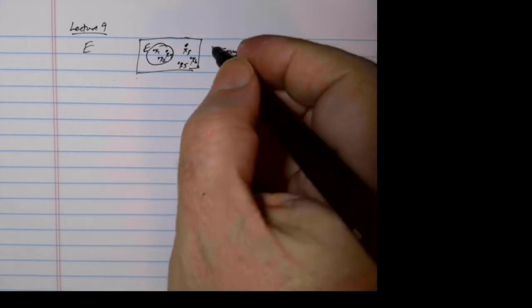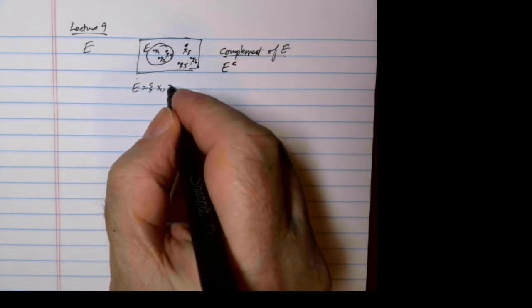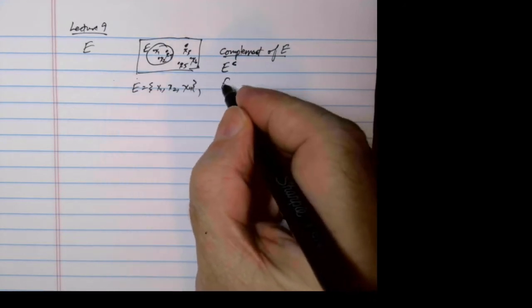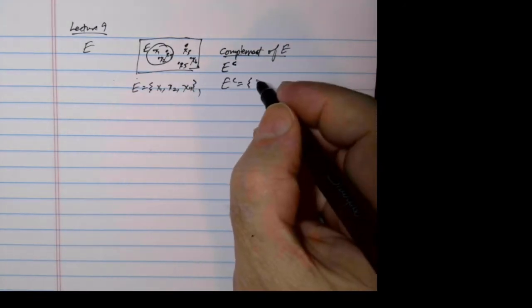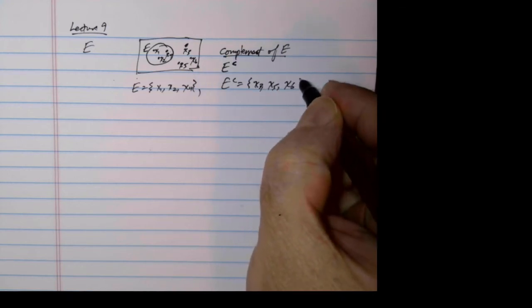So here, E in this picture would be the set containing x1, x2, and x4, and E complement would be the event containing x3, x5, and x6.